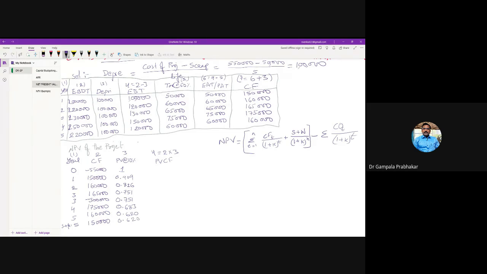Now you will get the actual present values of cash inflows and cash outflows. Right? So minus 5,50,000. Next, multiply with these values. Can anyone help me?